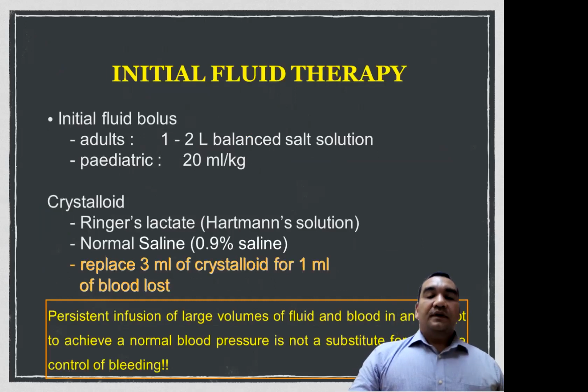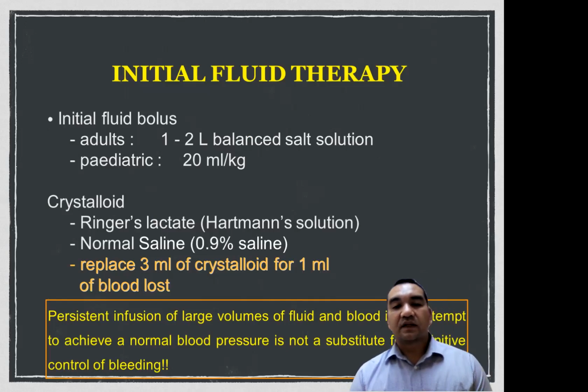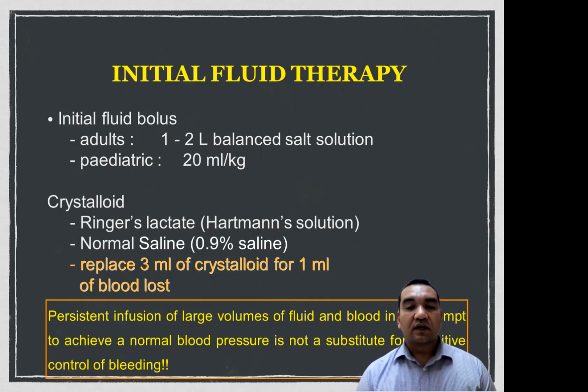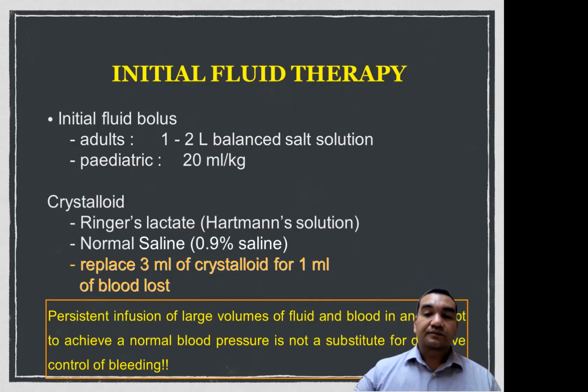Initial fluid therapy: the first choice, if you don't have blood yet, is to start by giving a balanced solution, Ringer's lactate or Hartmann's solution. You can give normal saline as well. And remember, the formula is 3 ml of crystalloid to replace 1 ml of blood loss, whereas for colloid it is 1 to 1, so 1 ml of colloid will replace 1 ml of blood loss.